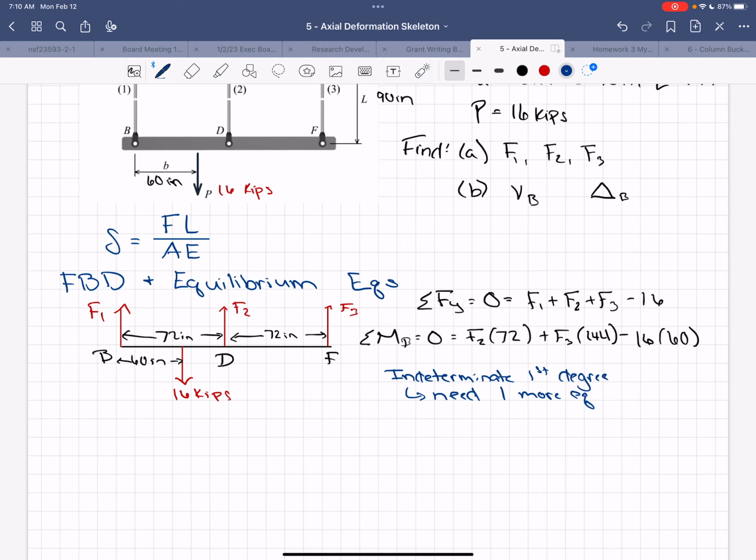Well, we have deformation. We have rigid bar, and we have this load on here, right? So it's probably going to deform.